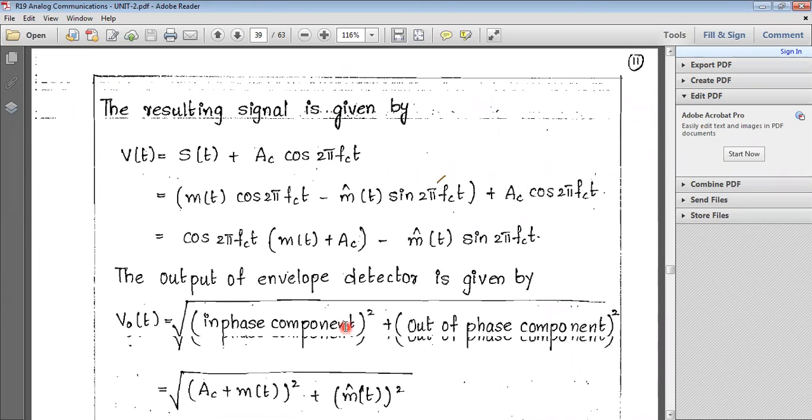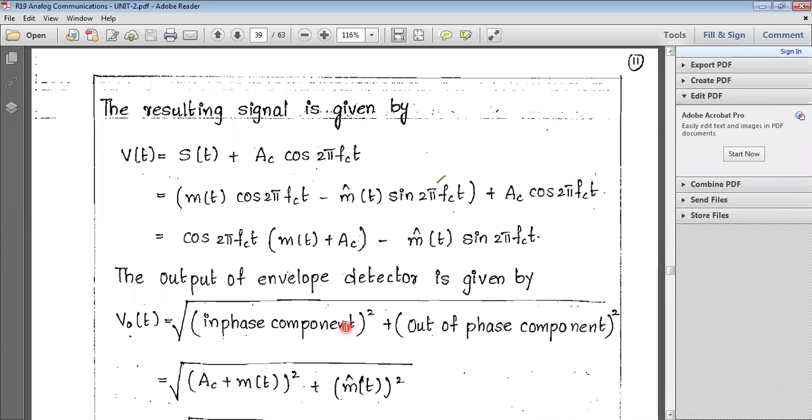At the output of the adder, that is S of t plus Ac cos 2 pi fct. So the resulting signal V of t is equal to S of t plus Ac cos 2 pi fct.